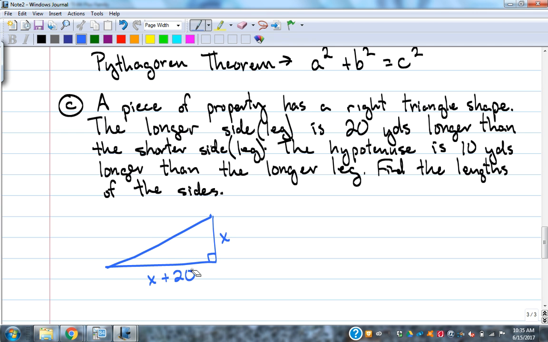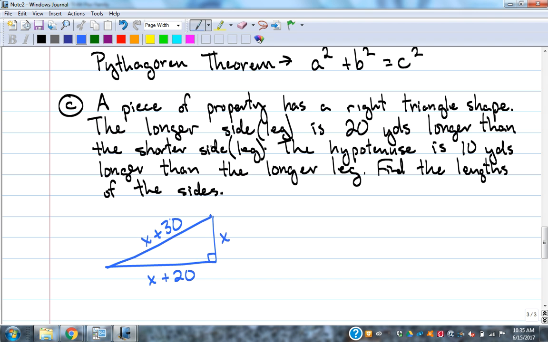So 10 yards longer than this one would end up being X plus what? Because it didn't reference the shorter leg, it referenced the longer leg. So 10 yards longer than X plus 20 would be X plus 30. And that's the part that could get you on that one.